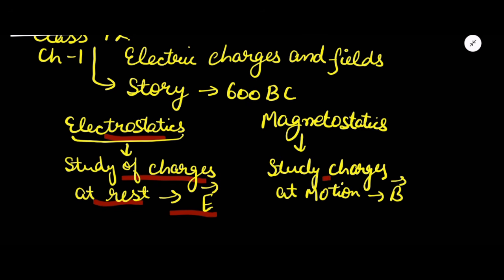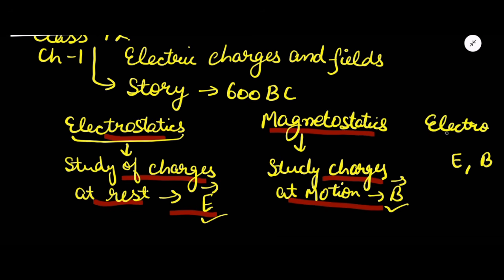So the study of charges in motion is called magnetostatics. Later on it was also seen that when these electric and magnetic fields are produced, if we make a time varying electric field or magnetic field, then it led to a new branch of physics, that is electrodynamics.